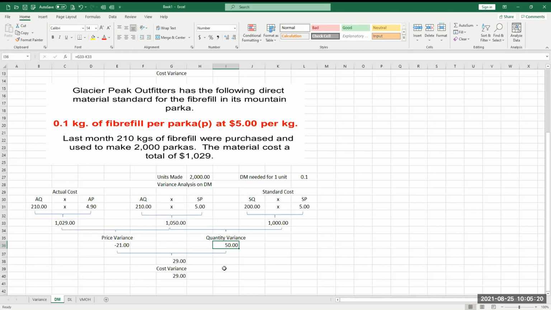No, Professor, can you repeat that? So, by my standards, to produce 2,000 units, I expect to use 200 kilograms. In reality, I use 210 kilograms. Oh, okay. Because I'm using more kilograms, I spend $50 more.